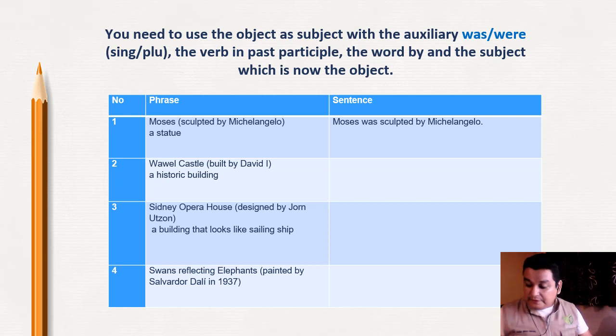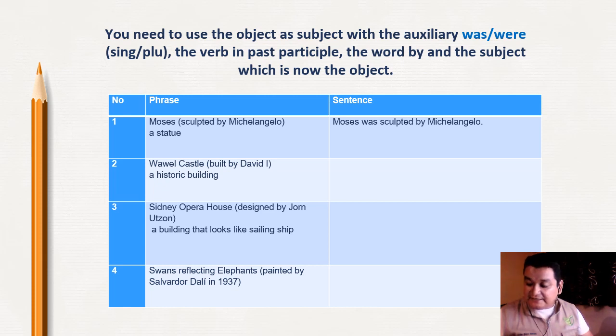Number 2. Powell Castle was built by King David First. 3. Sydney Opera House was designed by John Hudson. 4.